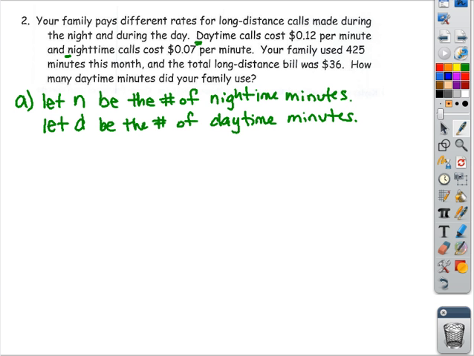Our family pays different rates for long distance calls made during the night and during the day. Daytime calls cost 12 cents per minute. Those are daytime minutes. And nighttime calls cost 7 cents per nighttime minute. Your family used that many minutes this month, so that is a total.